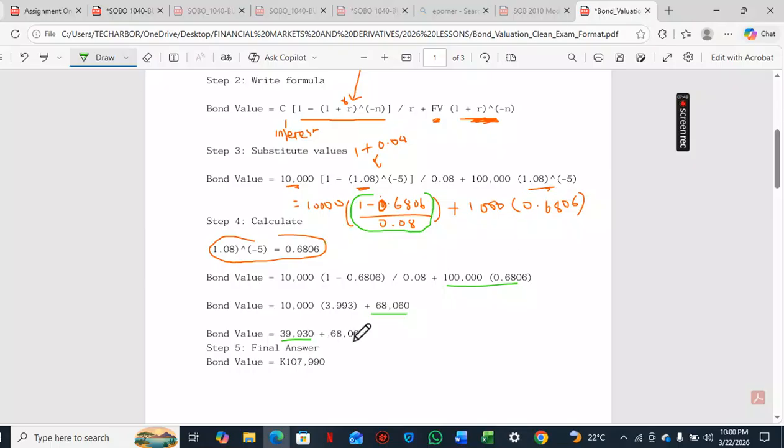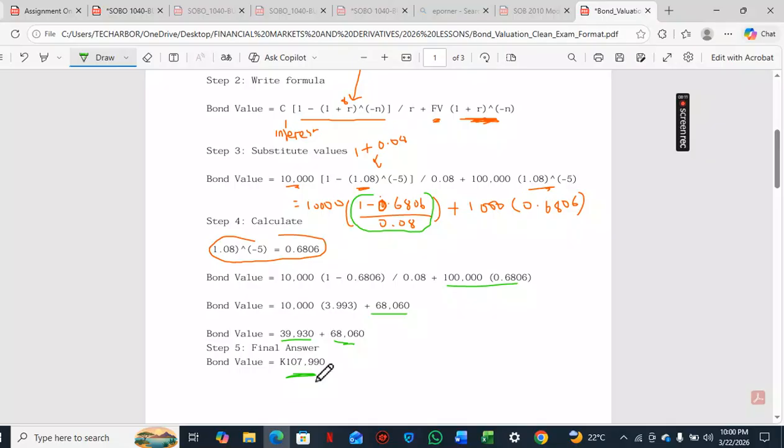The face value of the bond in today's terms is 68,060. So 39,930 plus 68,060, you're going to get 107,990 kwacha.